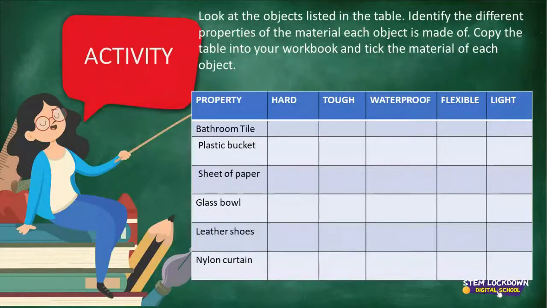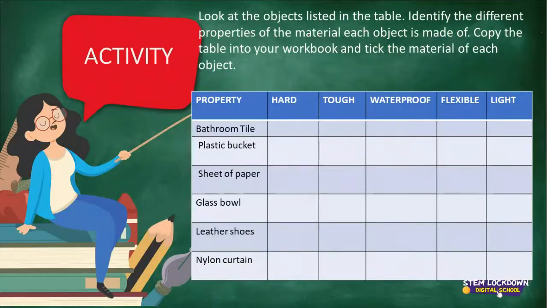If you don't have a nail, you can take out of your instruments for mathematics a pair of dividers. You try to scratch bathroom tile, plastic bucket, sheet of paper, glass bowl, leather shoes, nylon curtain. You only scratch. If it scratches, then you put a mark. If not, you don't put a mark.